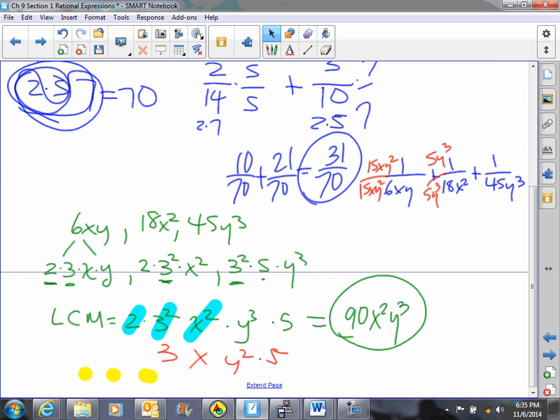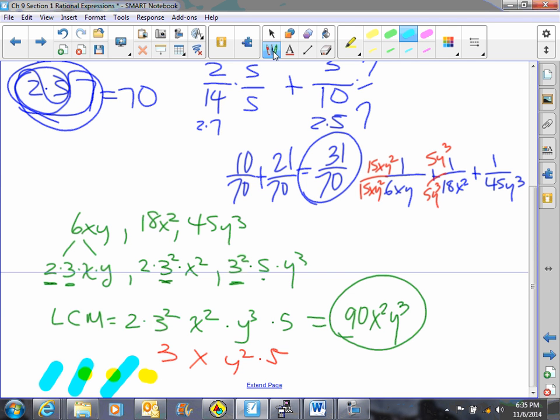And then for the last one, we have 45y cubed. Now 45y cubed, let's use that one. 45y cubed had the 5 and the 3 squared and the y cubed, and what is left is 2x squared.